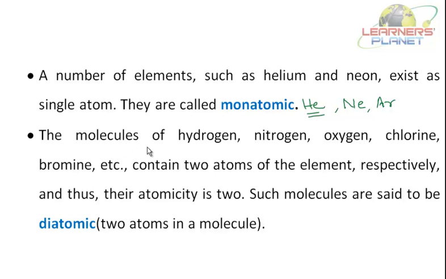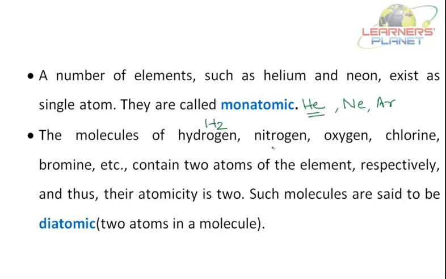The molecules of hydrogen, nitrogen, oxygen, chlorine, bromine, etc. contain two atoms of the element respectively, and thus their atomicity is 2. Such molecules are said to be diatomic. I told you, two atoms of hydrogen combine and make one molecule, so it's H2. Hydrogen single atom is unstable.